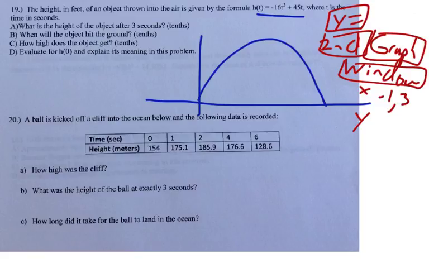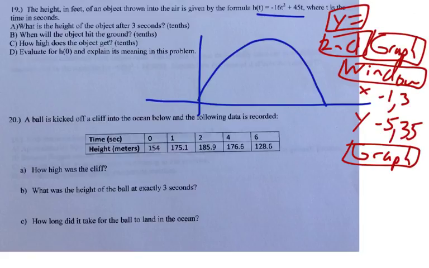My y value, the highest it goes is 29. I want to be just below the ground, so maybe -5, and then I want to be above it, so maybe 35 for my y max. So I'm going to adjust those in my window. Then when I press graph, I want to make sure it shows up, and mine does. It looks just like the graph I've drawn.